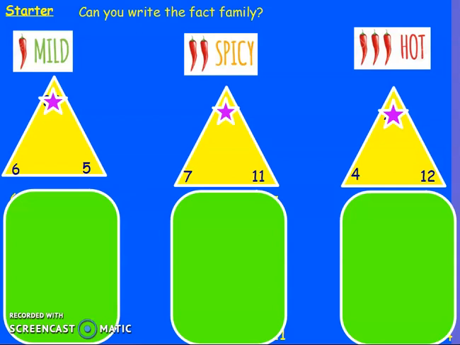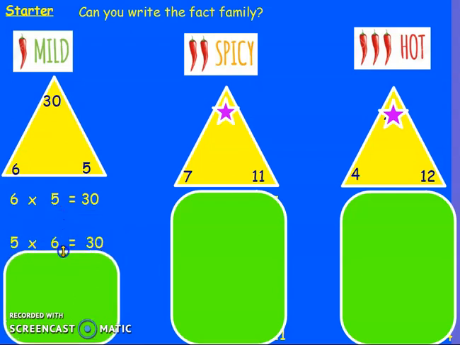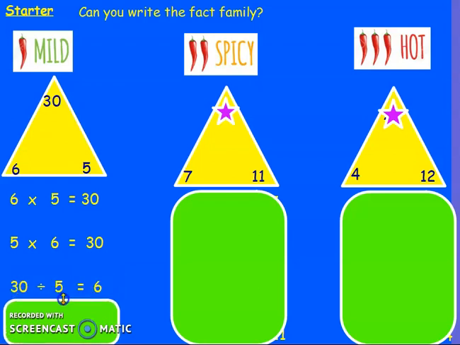Well done, Year 4. Let's have a look at the mild challenge first. You had 6 times 5 equals 30. Well done if you got that right. What were the facts for this multiplication? 6 times 5 equals 30. 5 times 6 equals 30. 30 divided by 5 equals 6. 30 divided by 6 equals 5.